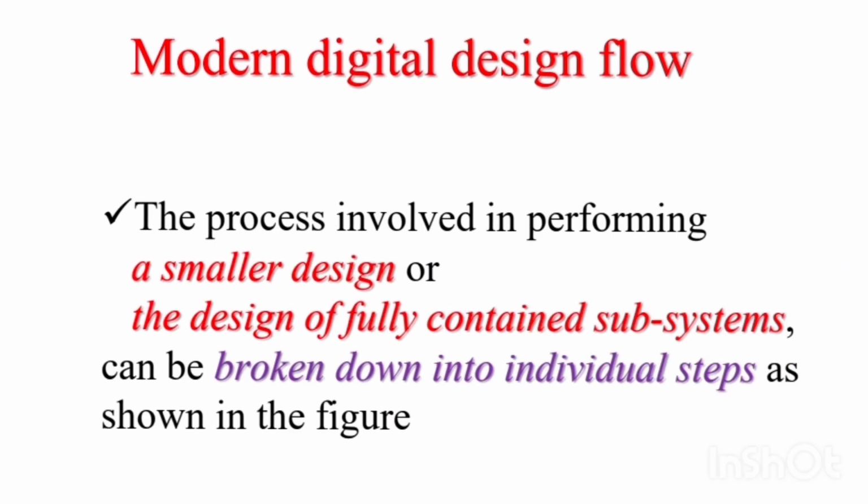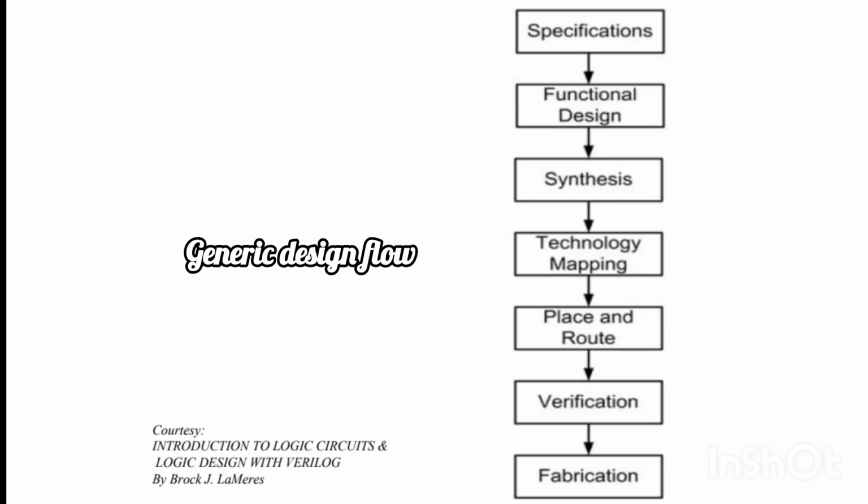Now let's see exactly what is done in this digital design flow. The process involved in performing smaller design or the design of a fully contained subsystem or even the entire system can be broken down into individual steps as shown in the figure. This particular figure represents the generic digital design flow. It starts with specifications, then functional design.